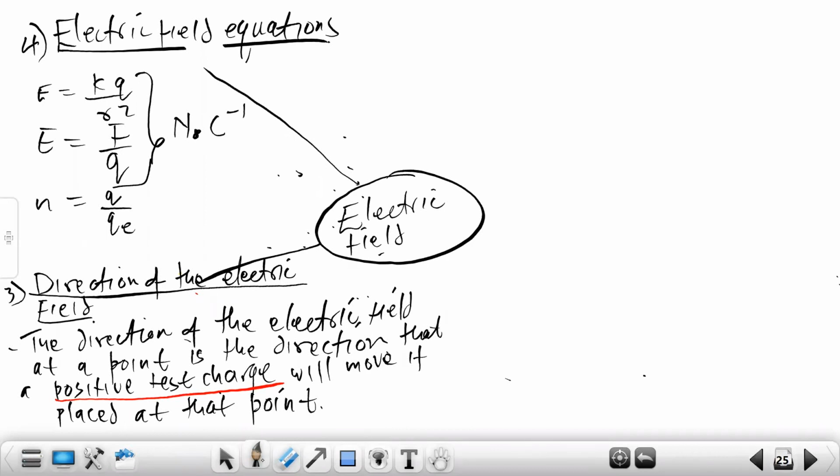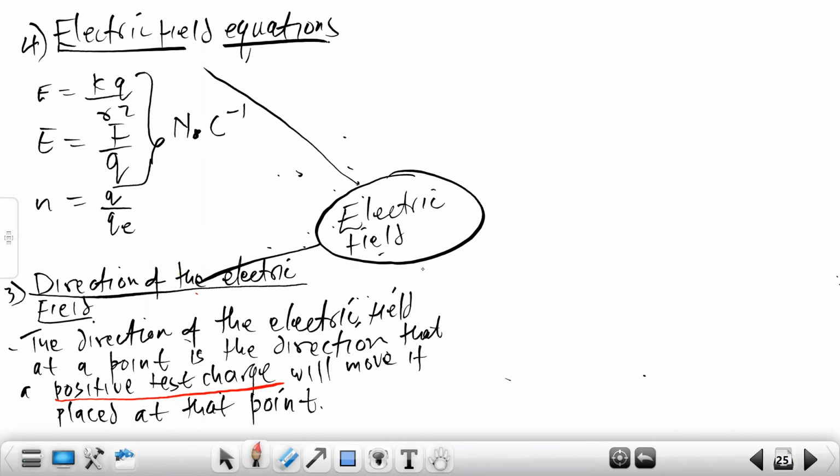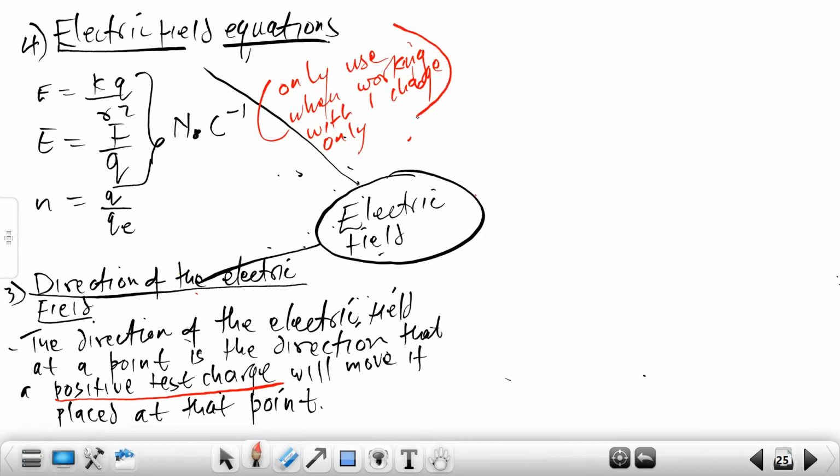But what does this say as a hint for me? It says I can only use these equations when working with one charge only. You can only choose this equation and apply it for a specific charge.